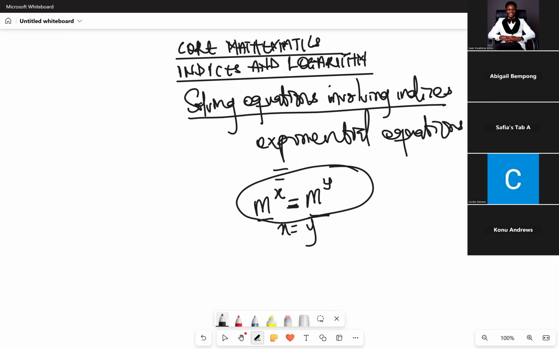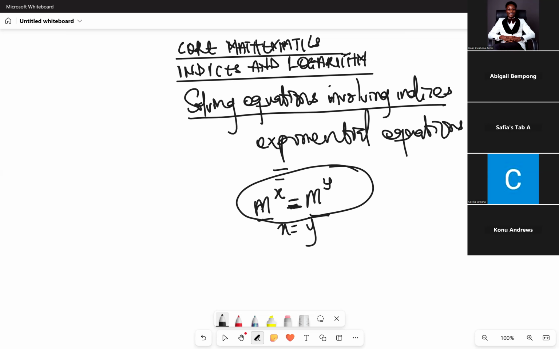What matters is that it's an equation and the numbers involve bases and exponents. That's why we say exponential equations. Is it clear, guys? Yes, sir.